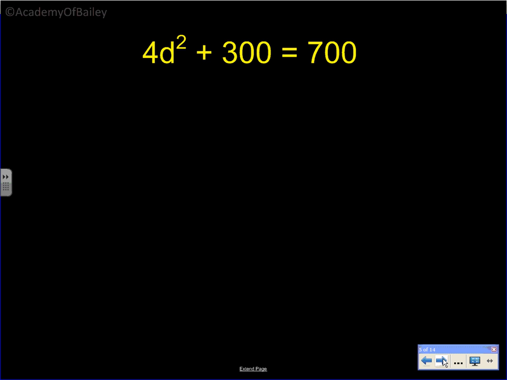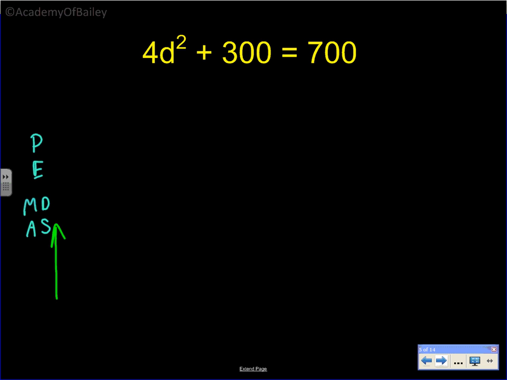This problem here is the same as you're used to in solving. You just got to get d by itself. If you get d by itself, your order of operations look like this. Notice I put multiply and divide on the same level because you're supposed to do those from left to right. And addition and subtraction is on the same level because you're supposed to also do those from left to right. But when we're solving for a variable, we're supposed to work backwards through the order of operations.